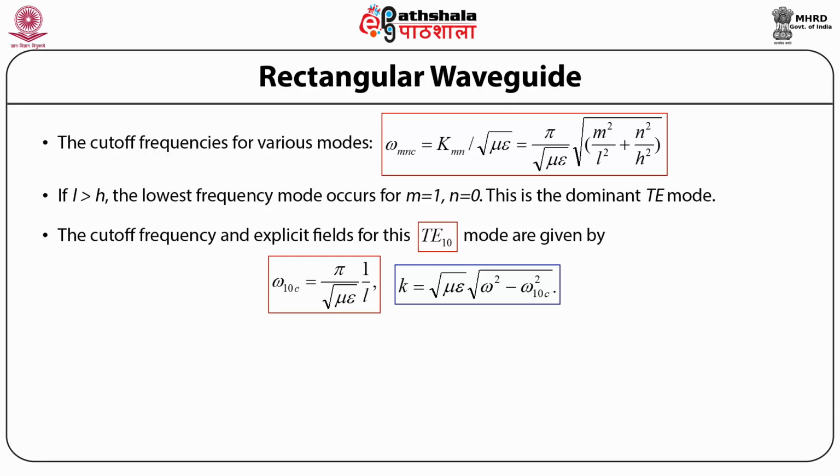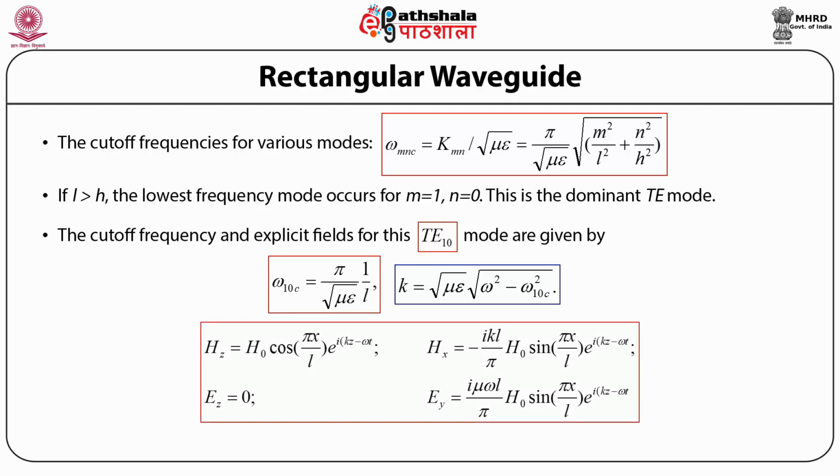So the longitudinal component of the magnetic field turns out to be Hz = H0 cos(πx/L) e^{i(kz − ωt)}. The x component of the magnetic field is given as Hx = −i k L/π times H0 sin(πx/L) e^{i(kz − ωt)}.